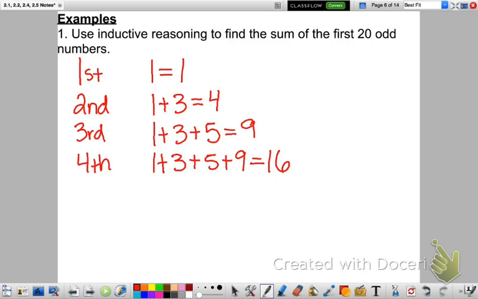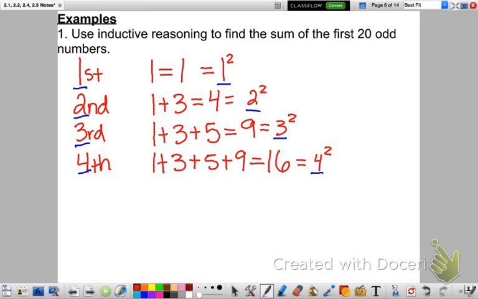Looking at this, you should be able to see the pattern: the sum is equal to the number of numbers, squared. So, 2 squared, 3 squared, 4 squared.